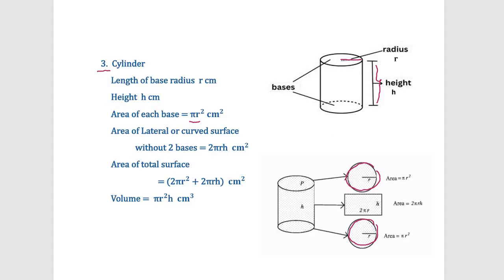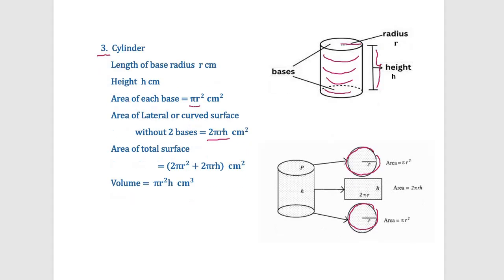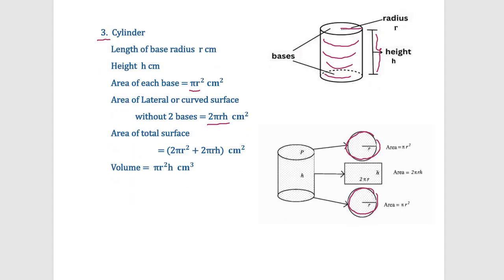Area of the lateral or curved surface without the 2 bases. So this is the curved surface, and the area of this curved surface without the 2 bases is 2 pi r h centimeter square. The area of the total surface can be found by adding the area of 2 bases, which is 2 pi r square, plus the area of the curved surface, which is 2 pi r h.